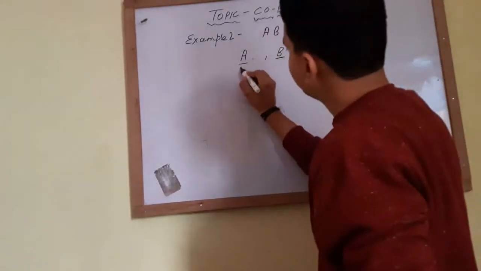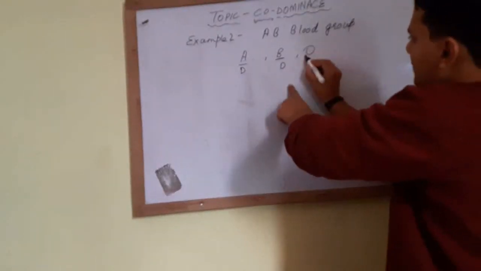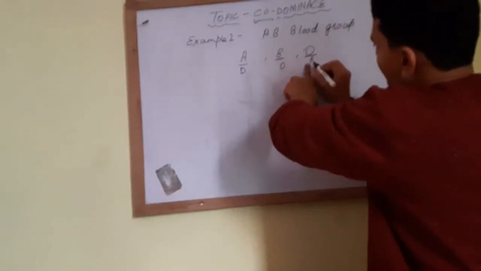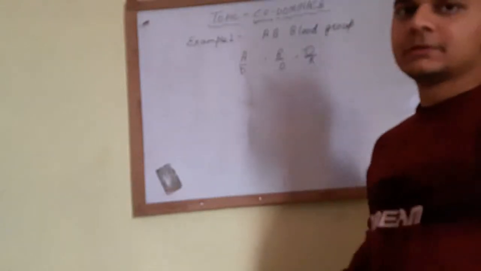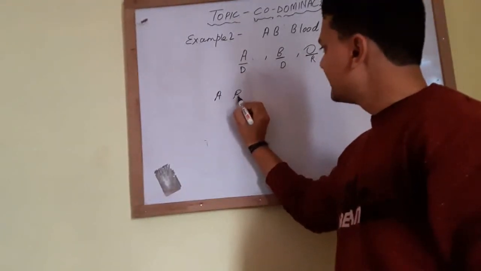So both of these are dominant, but O is recessive. That's why when we talk about AB blood group, A and B together dominate.